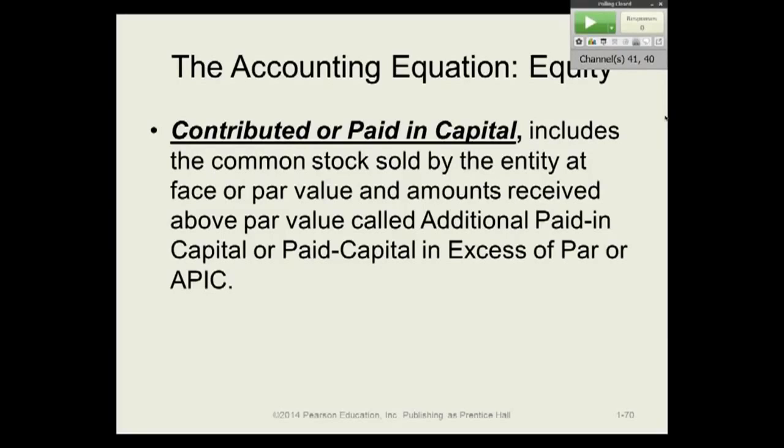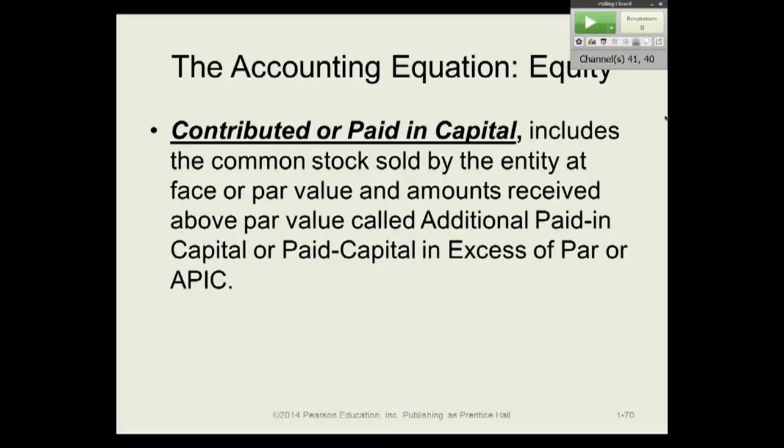Now, all of this is contributed capital. So contributed capital is the amount that is paid in by shareholders. It consists of the par value and any excess over par value. This is the amount that investors contribute to the firm.